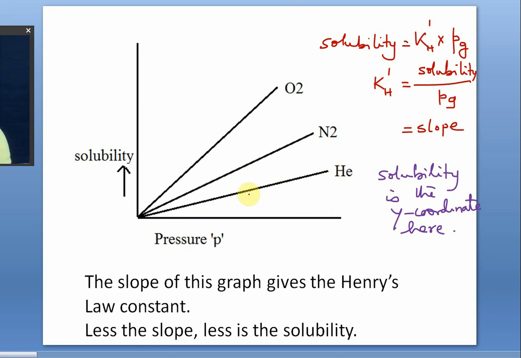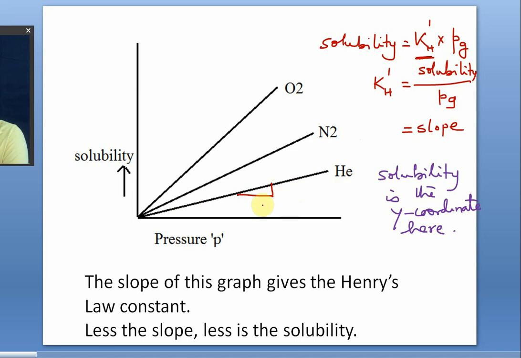Now in this case the graph will be different. Supposing we compare helium, nitrogen and oxygen. Here the slope is minimum for helium, because the slope is the Henry law solubility constant, and kH is directly proportional to solubility at constant pressure.